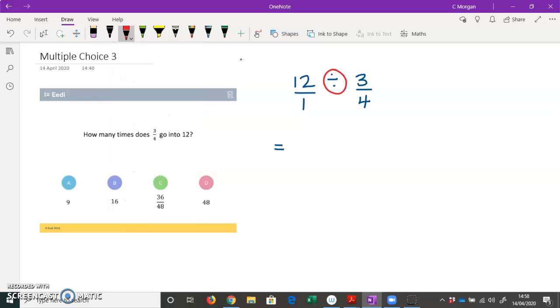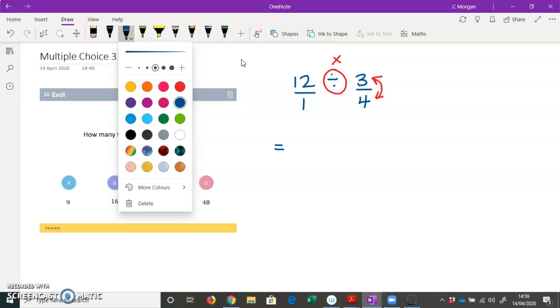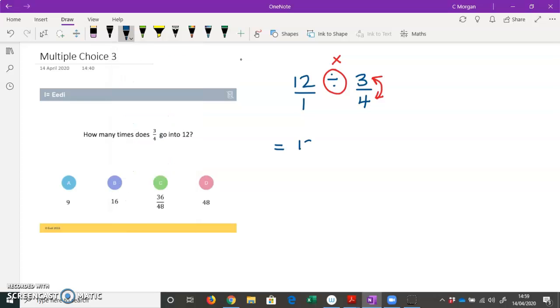So I'm going to remember to always multiply by the inverse of the fraction that I'm dividing by. So I'm going to go back to blue. So I've got 12 over 1 multiplied by 4/3. Well, I've got 12 lots of 4, which is 48, and I've got 1 lot of 3, which is 3.